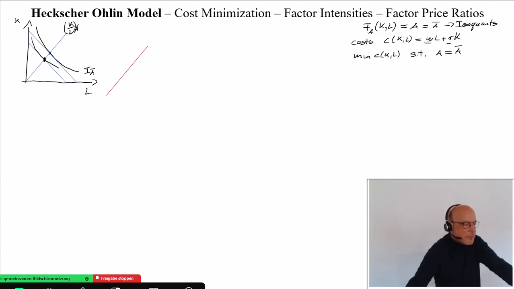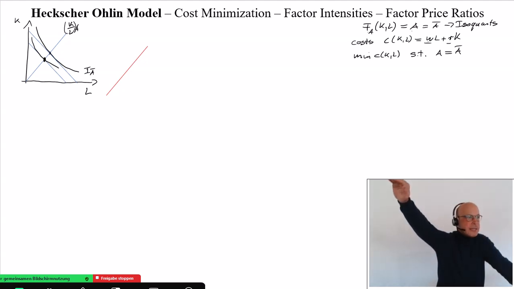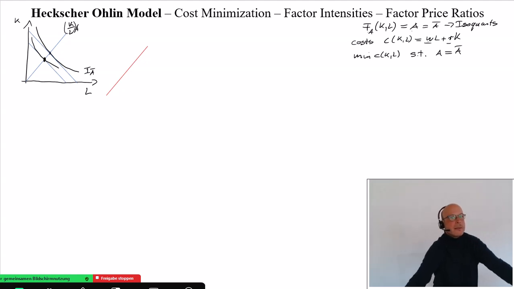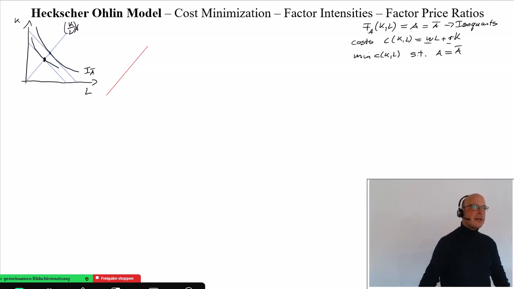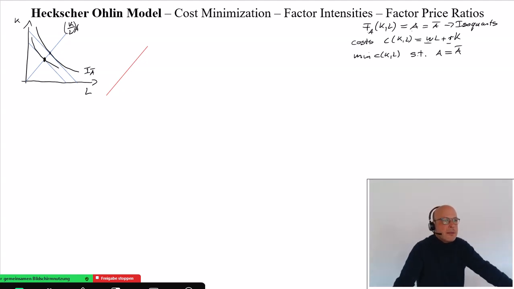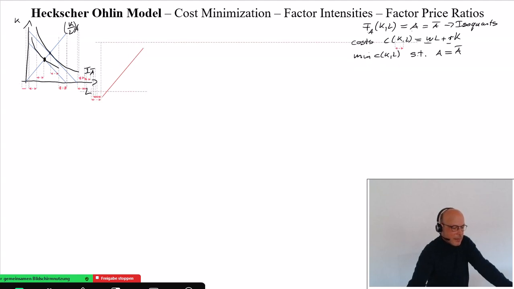So the slope of this blue line is representing the factor input ratio cost minimizing for good A. I know that it is also a line for good B, and I know that the input ratio is lower than this of good A. How do I have now to draw this line? How has it to look like?